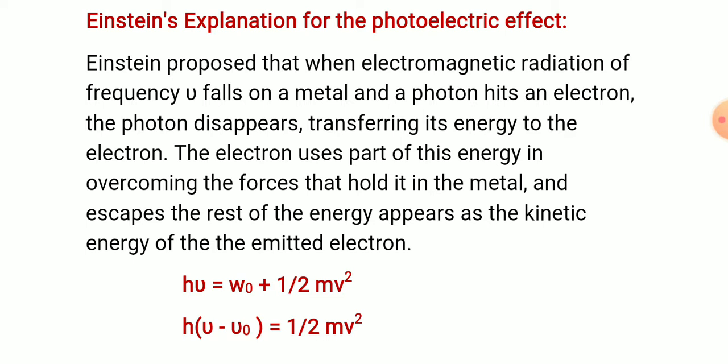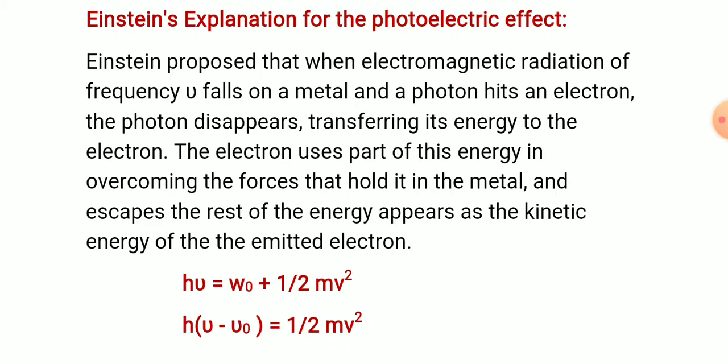So the total energy falling on the metal surface is h nu. From this energy h nu, some part, that is W0, the work function, is needed to eject the electron, and the remaining part increases the kinetic energy of the electron, that is half mv square.